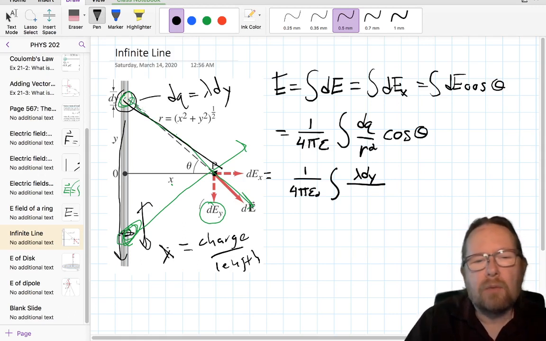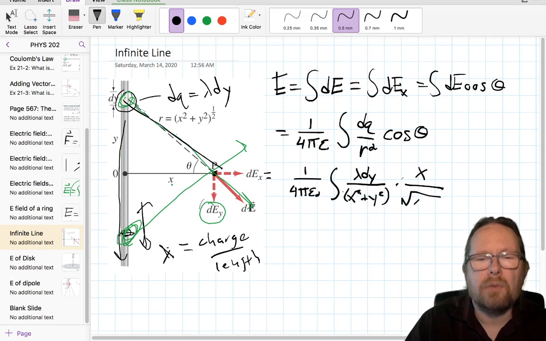So we can write r squared as x squared plus y squared, just from the geometry of the situation. If this is x, this is y, r is equal to the square root of x squared plus y squared. And we should also write cosine theta in terms of x, y and r. So cosine of theta is equal to x over r, where r is the square root of x squared plus y squared.